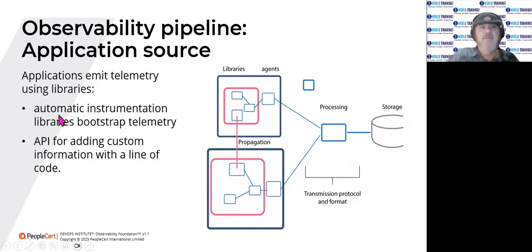Generally speaking, the libraries are embedded within the application, and these could be automatically instrumented libraries that could work from bootstrap telemetry to help automate the insertion of libraries. APIs may be used for adding custom information with lines of code.